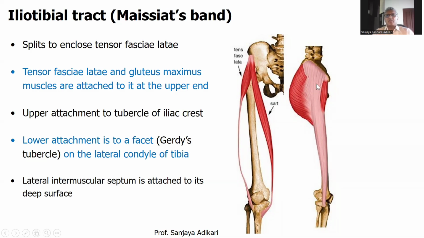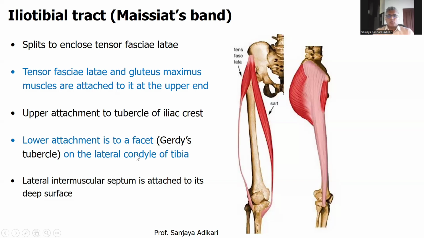So about 2/3 of the fibers are attached to the iliotibial tract. About 1/3 of the fibers are attached directly to the femur, at the gluteal tuberosity. So remember this point.